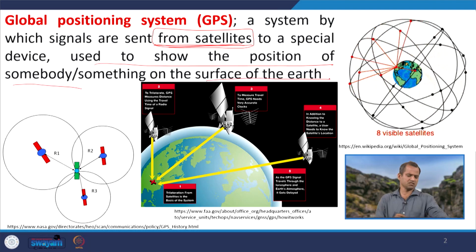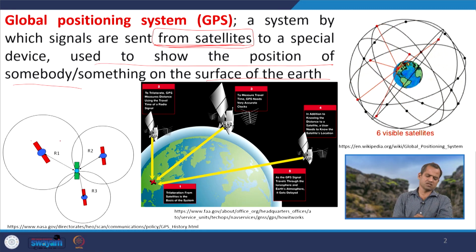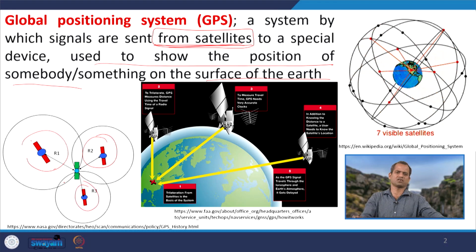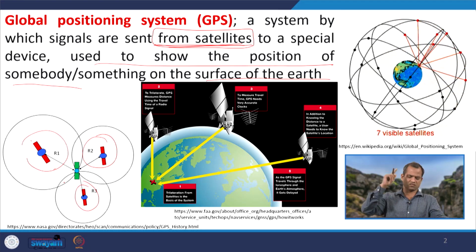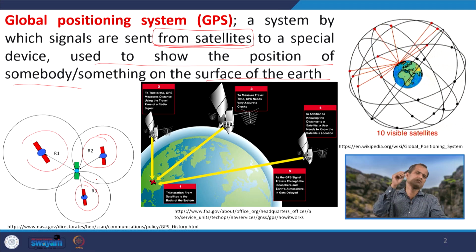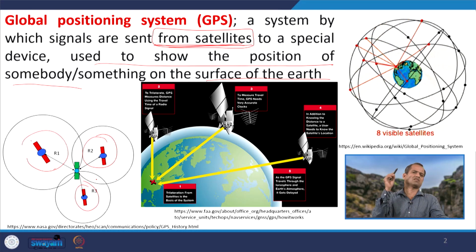Now imagine there are 3 satellites, for example, and from the 3 satellites the different distances are calculated. For example, my mobile phone is in communication with this GPS system. So this GPS system is measuring my distance with respect to that satellite, and another satellite is also measuring its distance from me. The third satellite is also measuring its distance from me.